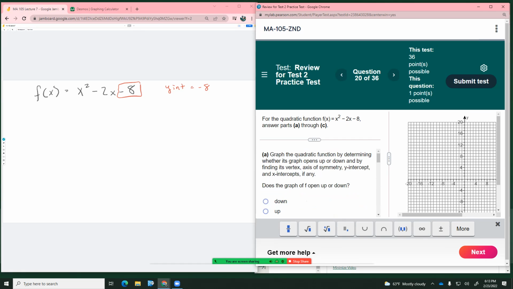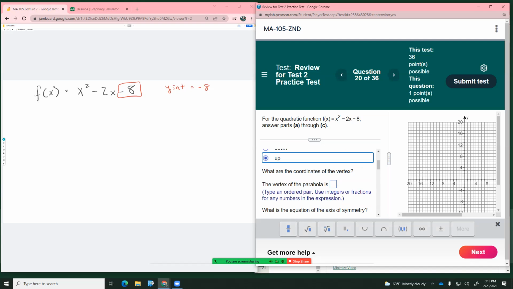Okay, does the graph open up or down? In this case, we've got a positive in front of our biggest term, therefore it opens up. Right, it's positive x squared, so it opens up. What are the coordinates of the vertex? Well, like I said, we know that's negative b over 2a. Real simple, real easy. We're going to do negative 2 over 2 times 1. That's going to give us positive 2 over 2, which is just 1.